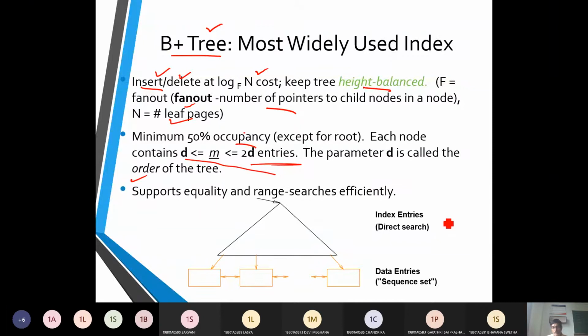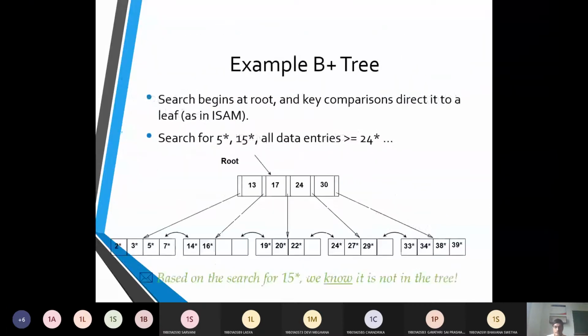Now the first part holds the index, and the rest, the leaf elements, take up the data entries. This is where the B plus tree comes in. Next, we need to search for an element.